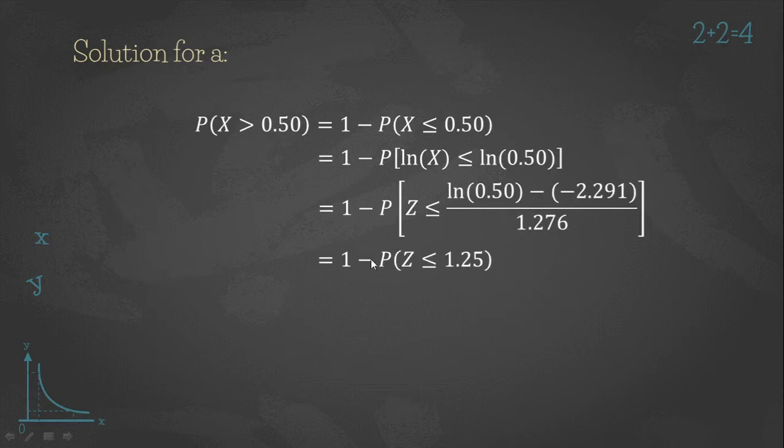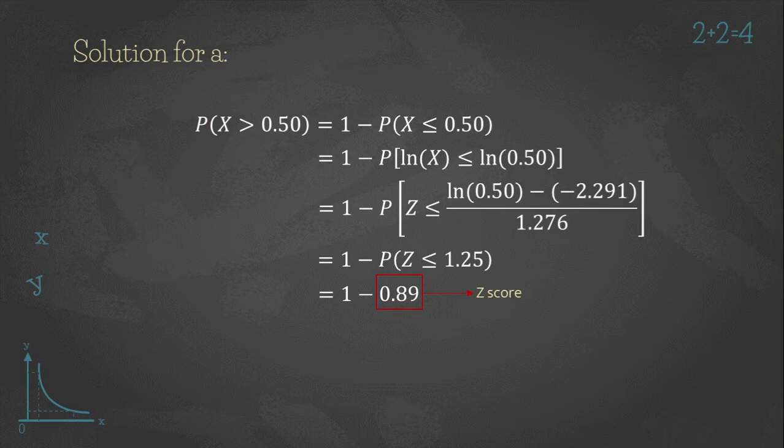So, 1 minus the probability of variable z less than or equal to 1.25. So, itong 1.25 ay hahanapin natin sa ating z-table or z-score. So, 1 minus 0.89. So, yan yung galing sa z-score.